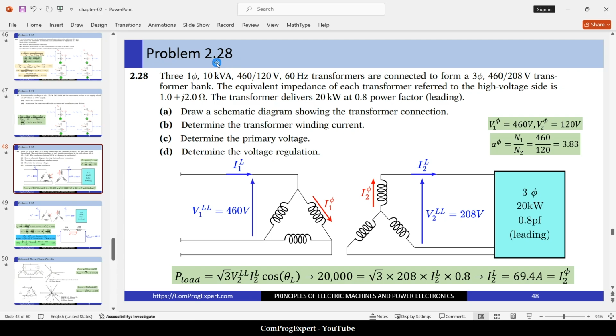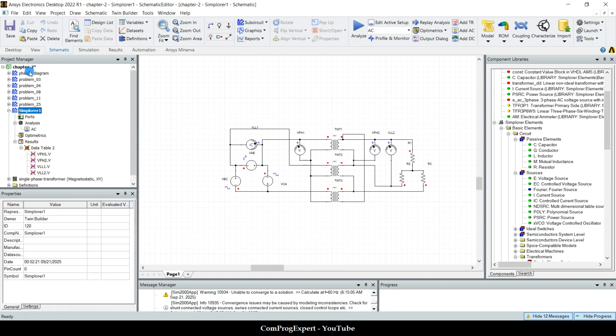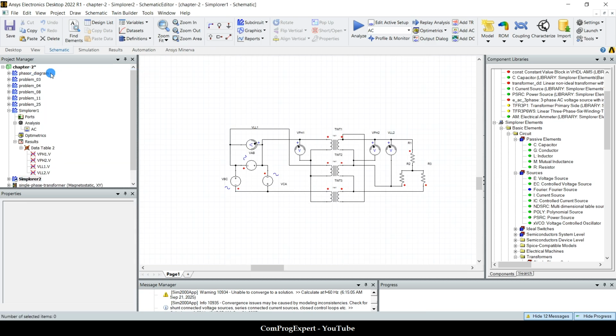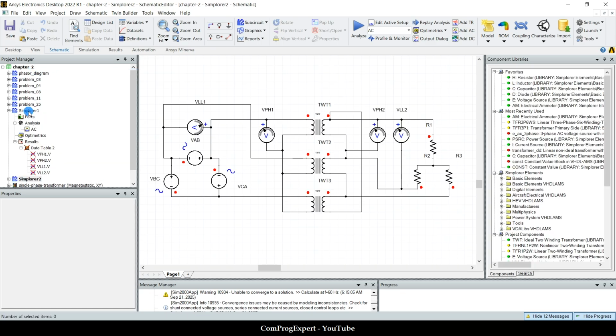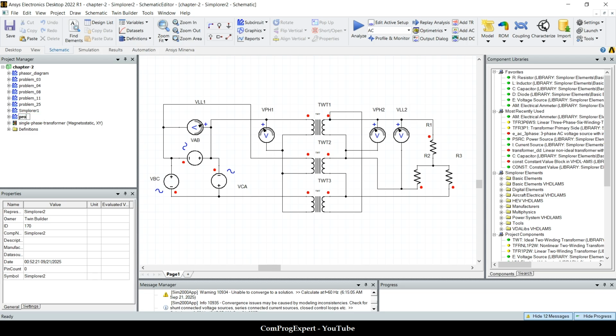So now let's check the problems that we had. Problem 28. So here, let's copy this simpler design. I want to generate a new model, problem 28. So here we can modify the value of the parameters.